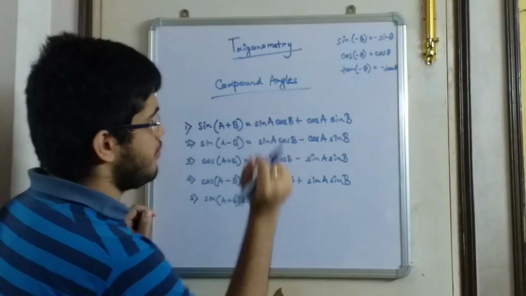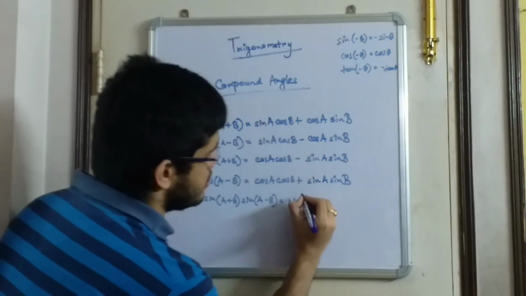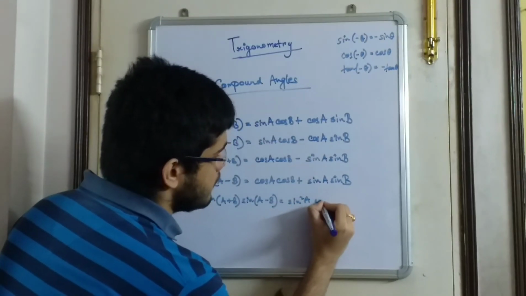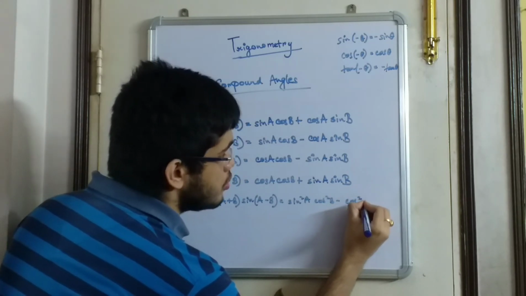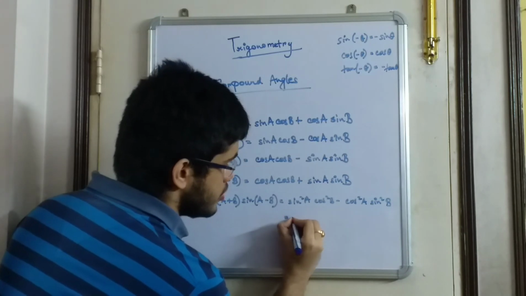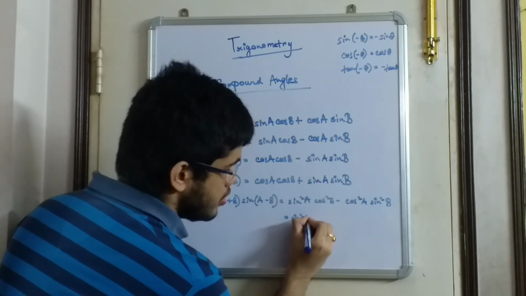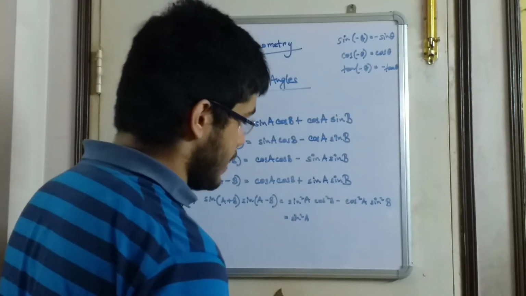You can actually evaluate it from here only. What will we get? We will get sine squared a cos squared b minus cos squared a sine squared b. Okay. So cos squared b we can write as 1 minus sine squared b.